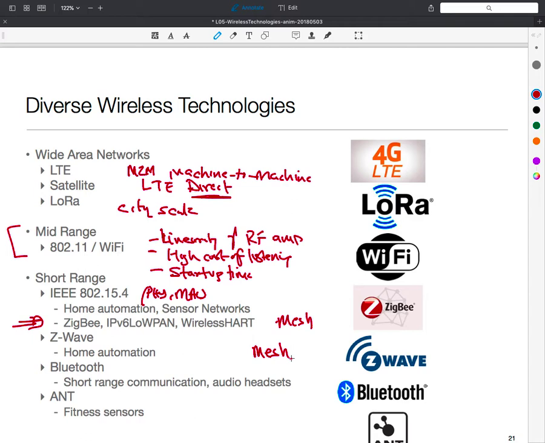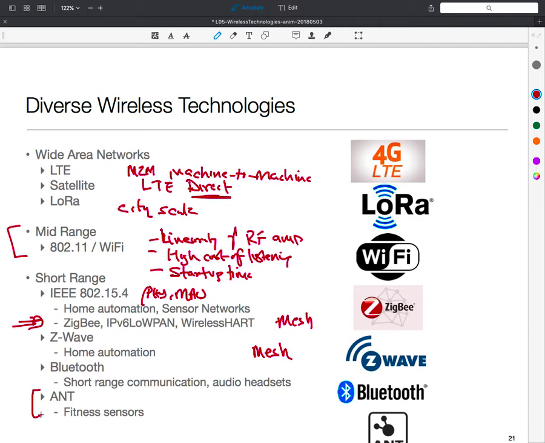Now what Bluetooth missed out on early on was this ultra low power regime where you want sensors with coin cells which need to last for months and years. And that is where another proprietary standard called ANT emerged, and it got built into fitness sensors like those chest belts which talk to your treadmill or elliptical machine, and penetrated quite heavily.